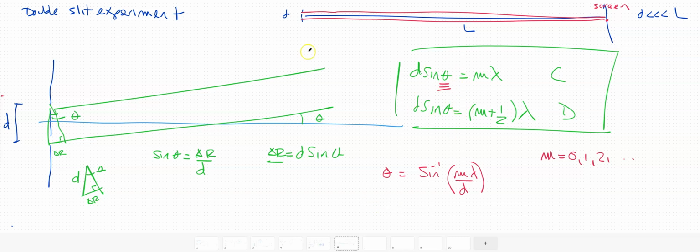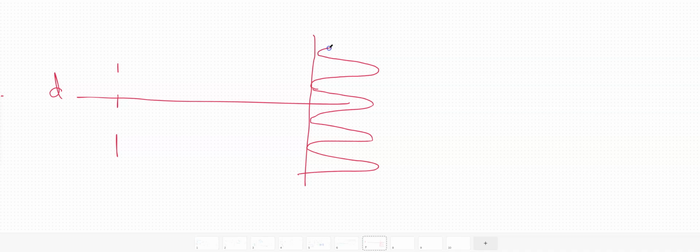Here, we can continue. In the screen, your two slits are here. I'm exaggerating the d, of course. So what you're going to get on the other end, on the side of the screen, is a pattern of interference: constructive, destructive, constructive, destructive, constructive.